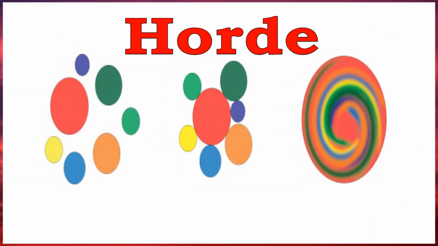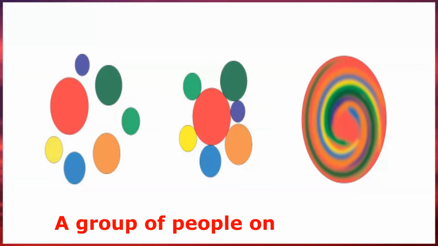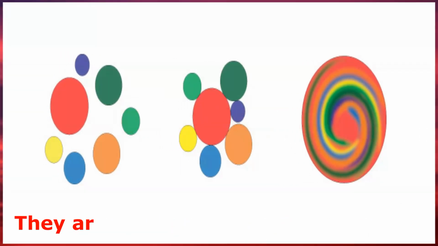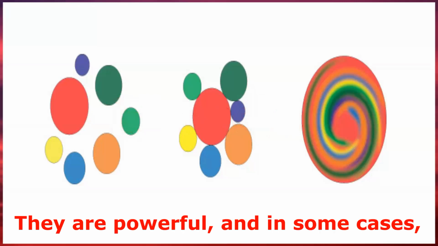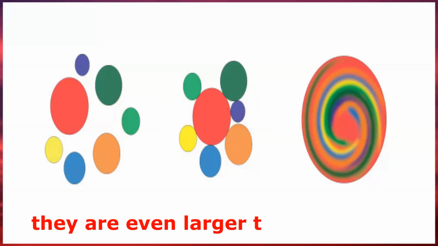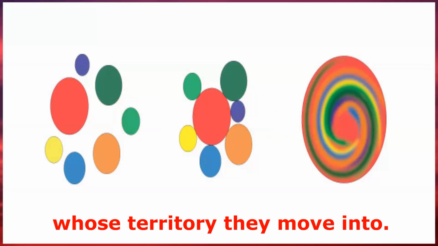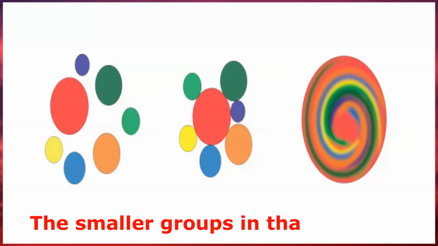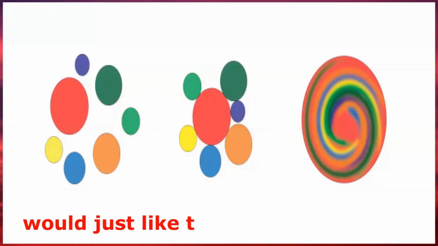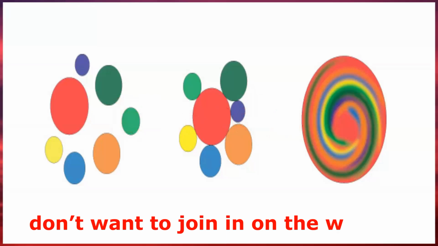Next, horde. A group of people on the move. They are powerful, and in some cases, they are even larger than the group whose territory they moved into. The smaller groups in that territory would just like to live peacefully and don't want to join in on the warfare.